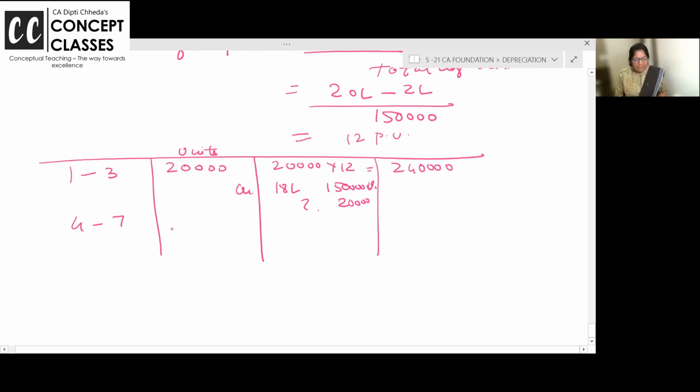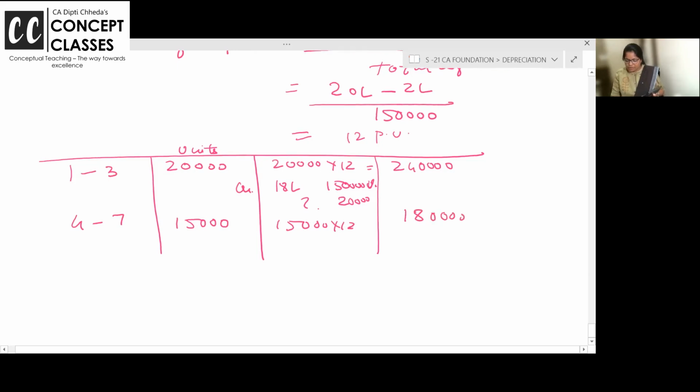4th to 7th year, 15,000 units are there, multiplied by 12. 15,000 multiplied by 12 is 1,80,000.